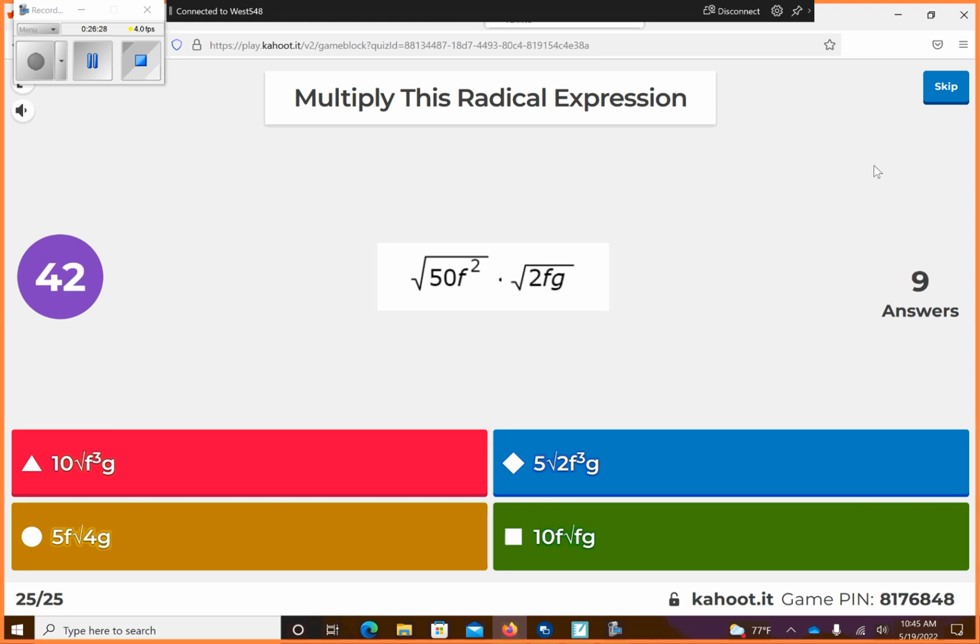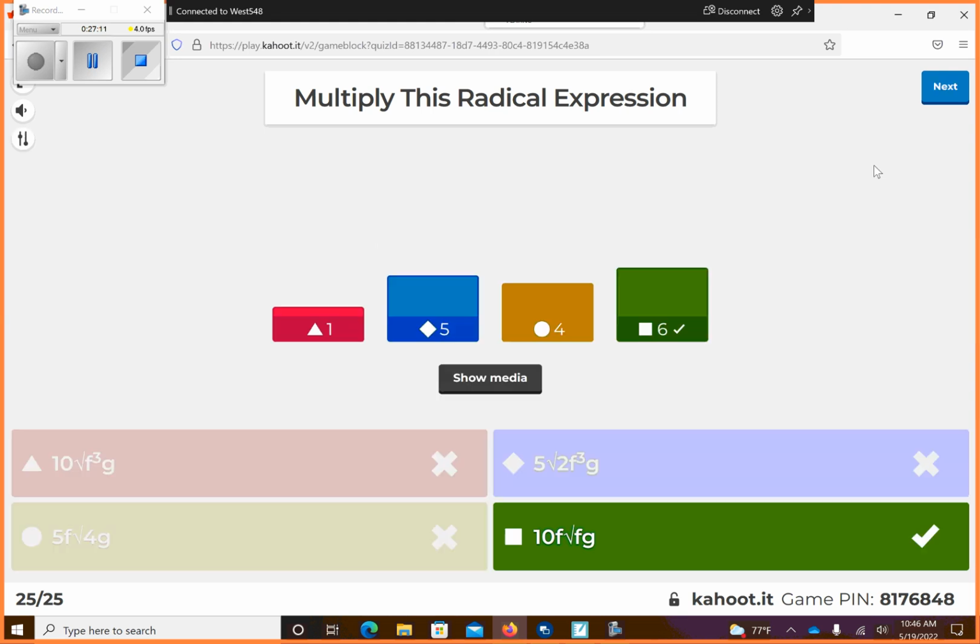You're allowed to multiply under the radical. Six of you got that right, so let's just verify.